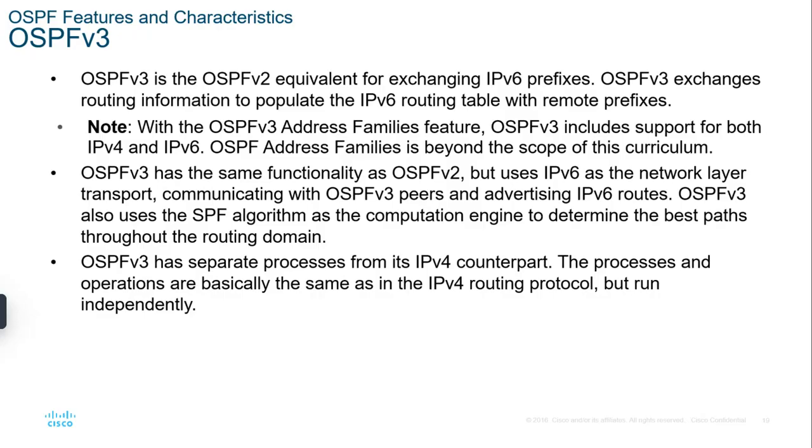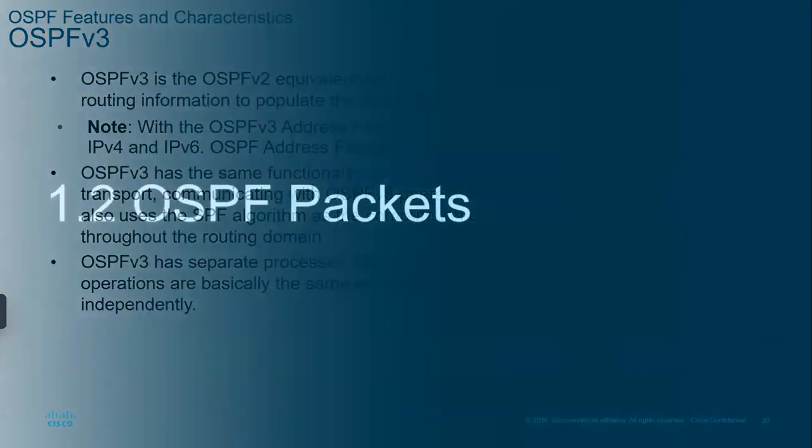OSPF version 3 also uses the shortest path first algorithm as the computation engine to determine the best path through the routing domain. Version 3 has a separate process from its IPv4 counterpart, and the processes and operations are basically the same as in IPv4.